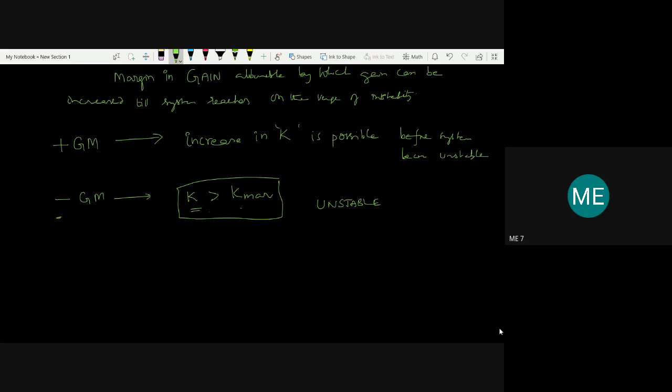So negative gain margin will not improve the system stability. Negative gain margin is going to give K greater than K marginal, so the system will become unstable. So K needs to be reduced to make the system stable. Hence, if you get gain margin as negative, try to reduce the K so that the system becomes stable.